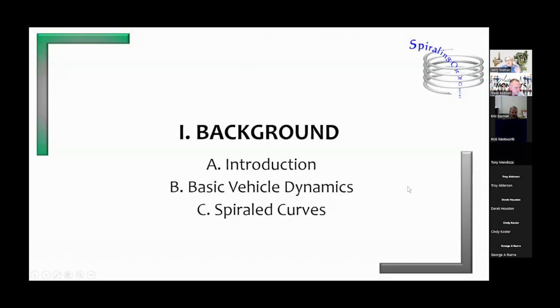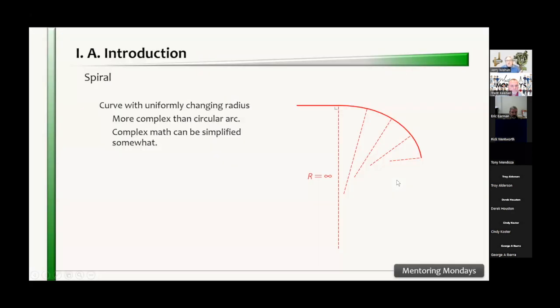Basically, the reason spirals exist is because of vehicle dynamics. A circular curve has a constant radius, whereas a spiral has a constantly changing radius. It starts out at a radius of infinity at a tangent, and then gets sharper and sharper the further you go into it.